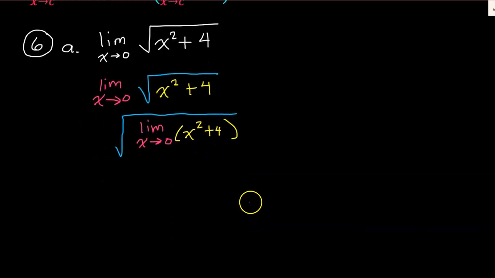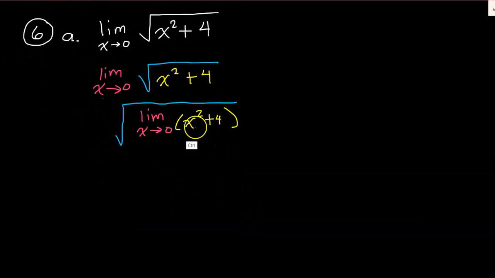Now, we have learned that if you want to find the limit of a polynomial function, you can just do a little direct substitution. So if I want to evaluate this limit, I'm just going to substitute in 0 for x. Of course that's just going to give us 0 squared plus 4.